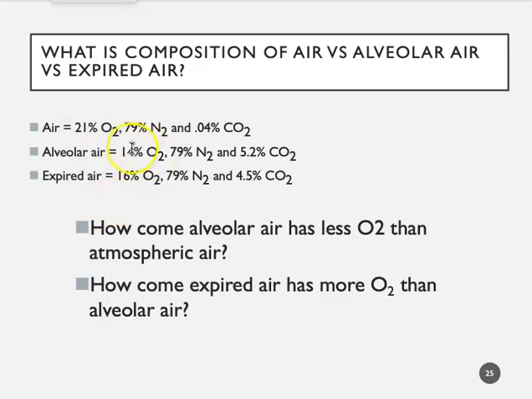So as you breathe out, some of the air that you're breathing out is going to mix with that air in your trachea where gas exchange has not occurred. So there's that mixing of, I'll say it this way, maximum oxygen in air versus the lower amount that's in the alveoli. And that's how we get a slightly higher amount of oxygen in expired air, due to that mixing, than we see in the alveolus.